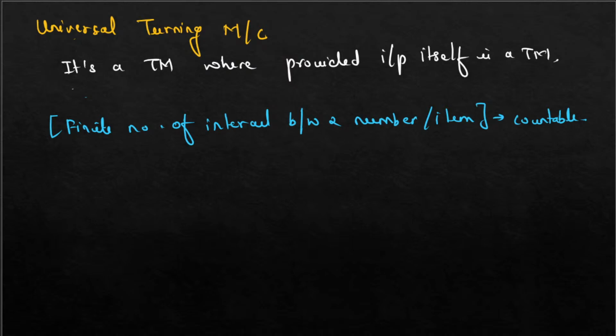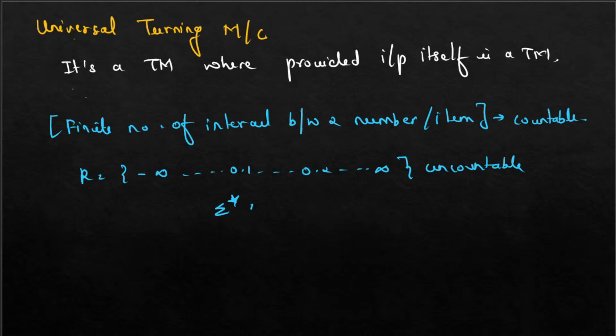R is equal to 0.12, 0.22, up to infinity, so this is uncountable. Such things are uncountable. But the whole language, this is countable. And you should note some points.